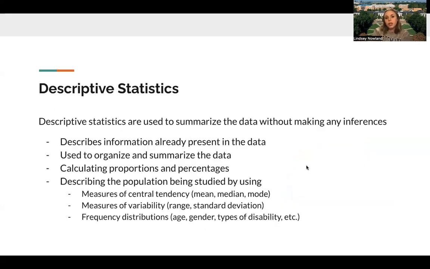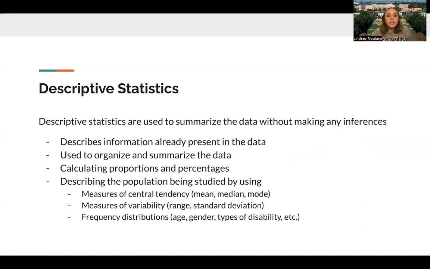So we'll talk about graphs a little bit more. But so descriptive statistics, your independent and dependent variables are key indicators within your descriptive statistics. They tell you what you're going to describe, or what is going to be included in your descriptive statistics portion of your results.